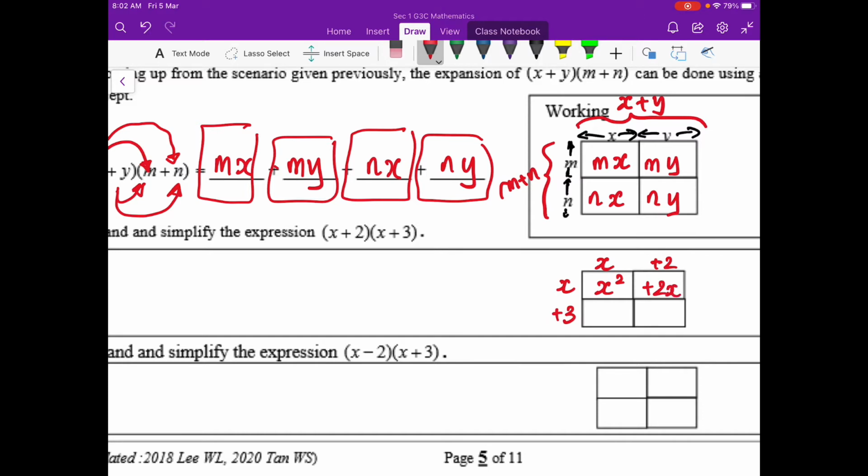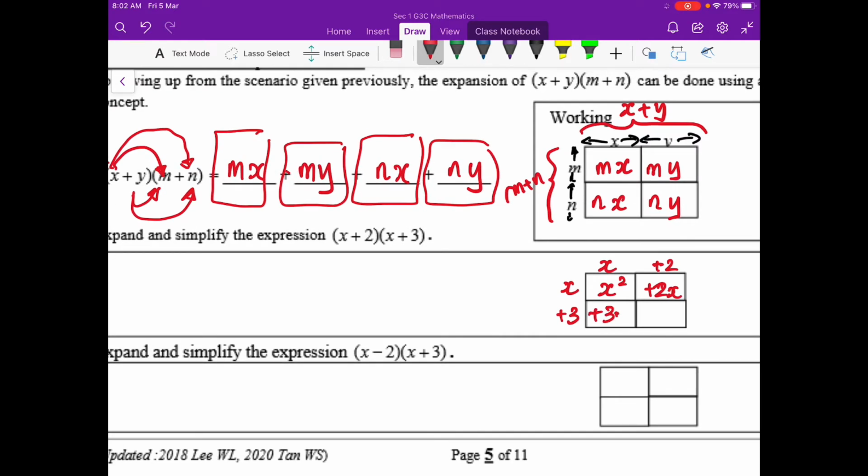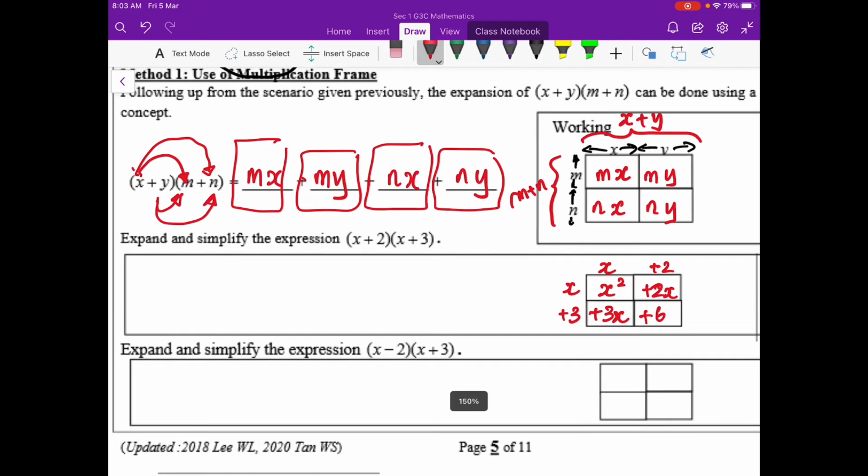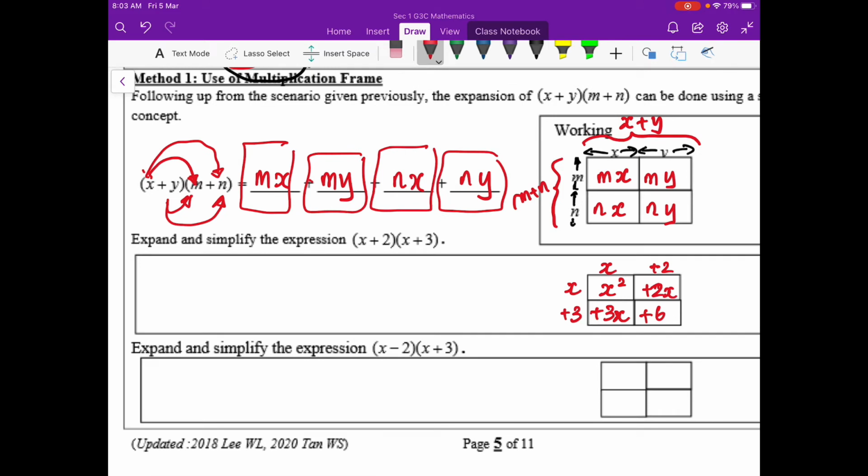X times positive 3, so 3x. And here we have positive 6. So what is the total area, which is what we are trying to find out? X plus 2, that is the length, multiplied by the breadth of x plus 3. So back to the question, x plus 2 multiplied by x plus 3 actually gives us x squared plus 2x plus 3x, that is a total of 5x, then plus 6.